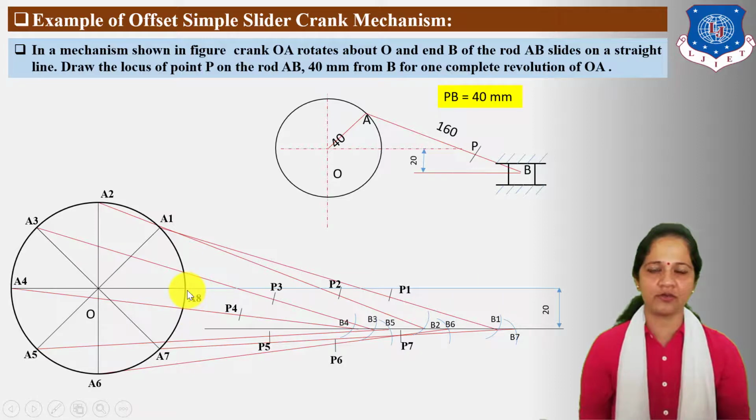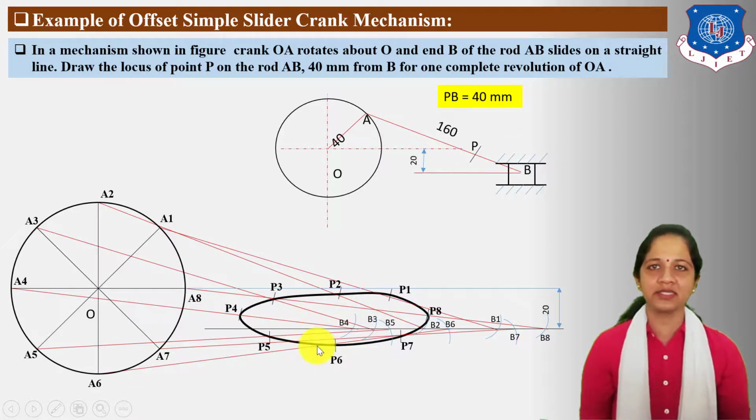From A8 position of crank, find out B8 position of slider on this offset path, connect A8 and B8 point and locate P8 on A8 B8 connecting rod and the distance of P8 is 4 cm from B8 position. Now connect all this locus point freehand in form of curve. So this is the example of offset slider crank chain mechanism.